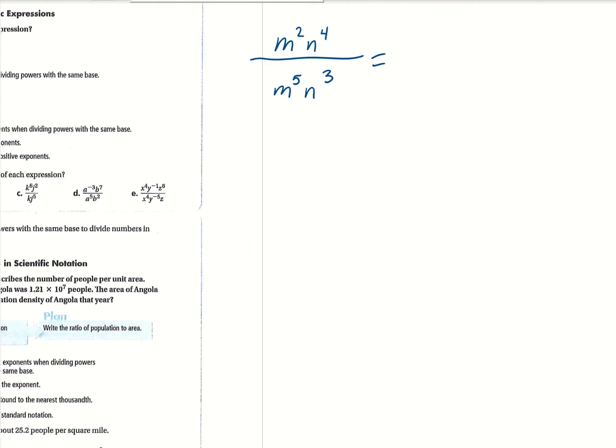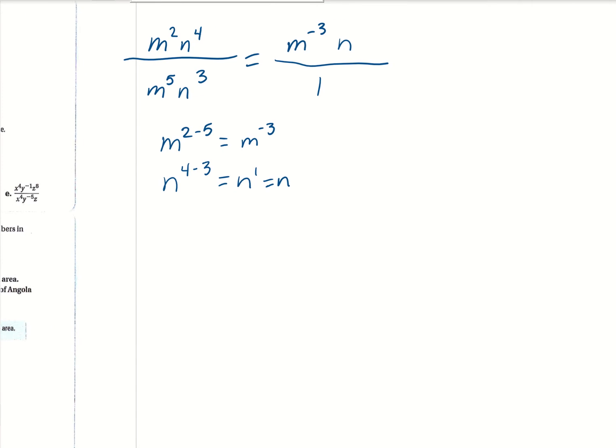Okay, same thing. We're going to do m first. m to the 2 minus 5 is m to the negative 3, which will go up here. And then we have n to the 4 minus 3, which is just n to the 1st, or n.